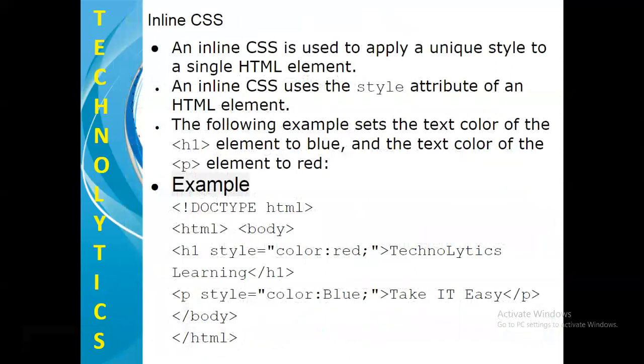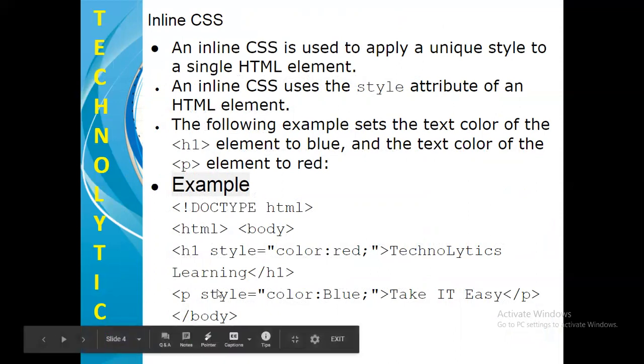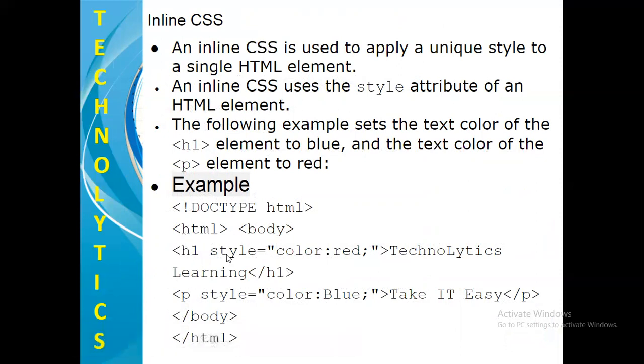Inline CSS. An inline CSS is used to apply a unique style to a single HTML element. An inline CSS uses the style attribute of an HTML element. Consider this example. Here the HTML tag is there, then the body tag is there, and we have used the h1 tag.